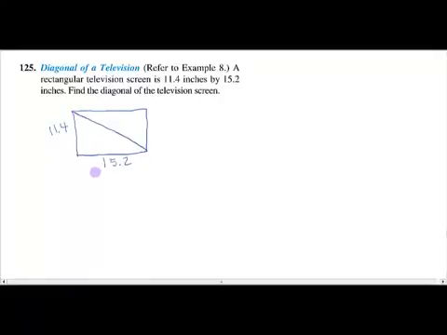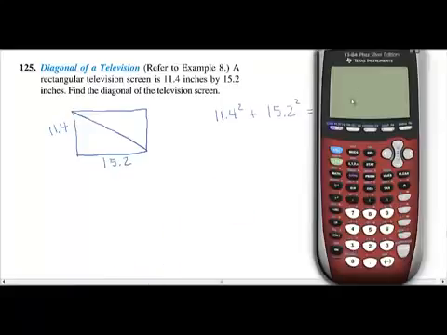So again, we're using the Pythagorean theorem. This is A, this is B, and we're finding C. So 11.4 squared plus 15.2 squared equals my C squared. Let's use our calculator.